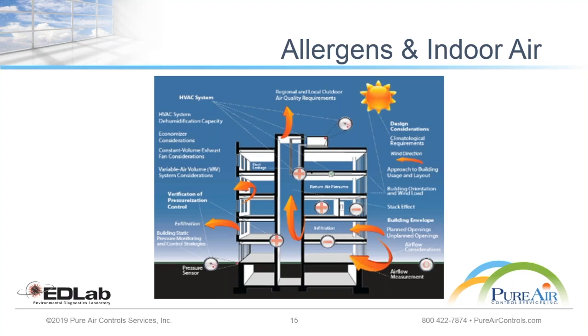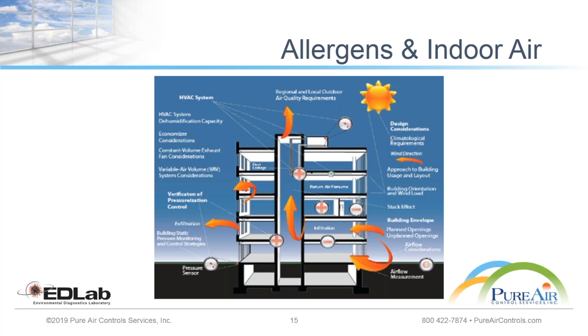However, if the building envelope is out of balance and there's infiltration into the building, weather stripping is not good, or there are holes in the roof, outdoor allergen sources can come into the building that way as well. And as we talked about earlier, people can also bring in allergen sources on their clothing.